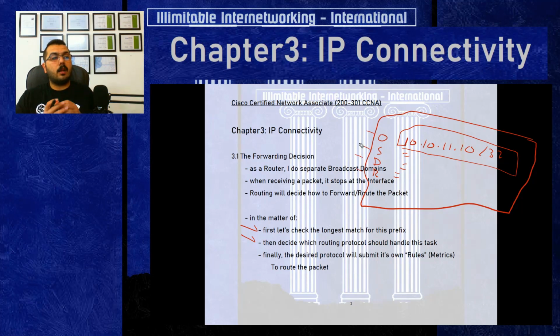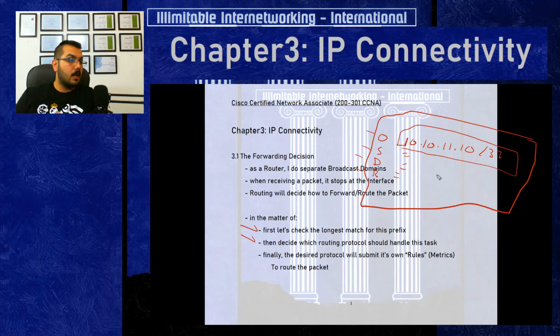The reason there are multiple routing protocols like RIP, OSPF, EIGRP, static, and BGP is that each one has its own metric, and was designed based on such an algorithm, and based on this algorithm the routing protocol takes the packet and routes or forwards it based on such criteria.